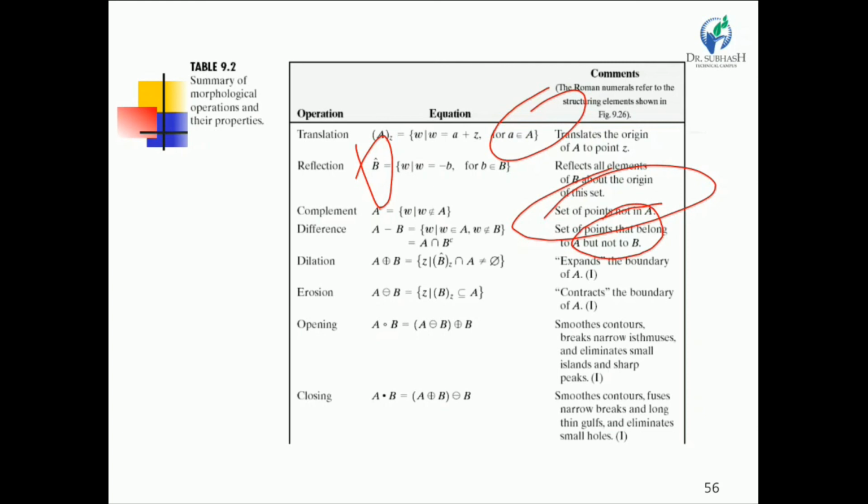It expands the boundary of A. Erosion, A erosion B, can be represented as the set of Z where B translated by Z is a subset of A. It shrinks the boundaries.